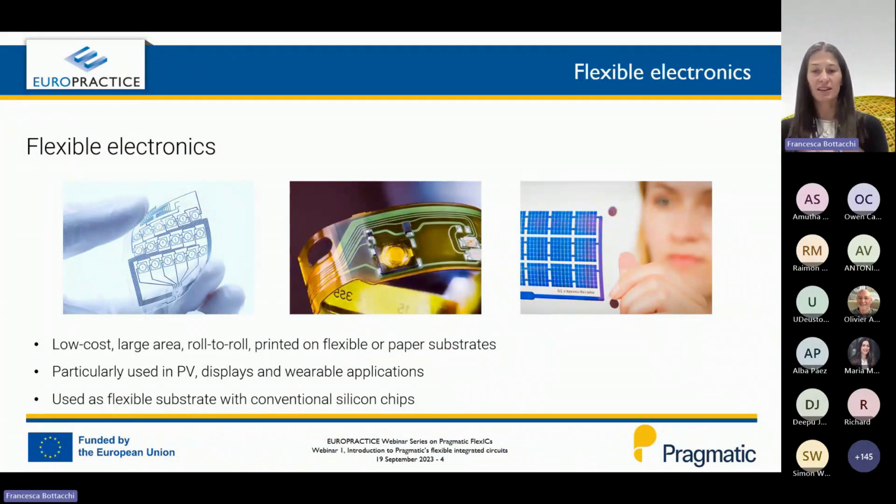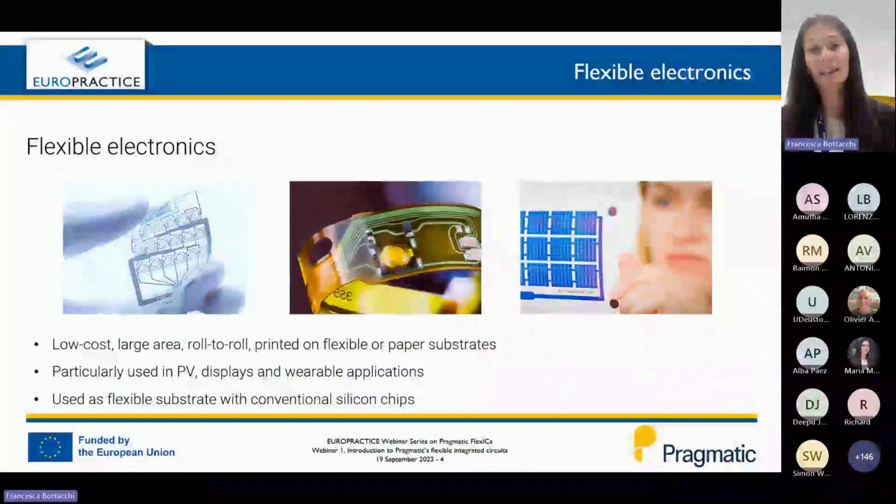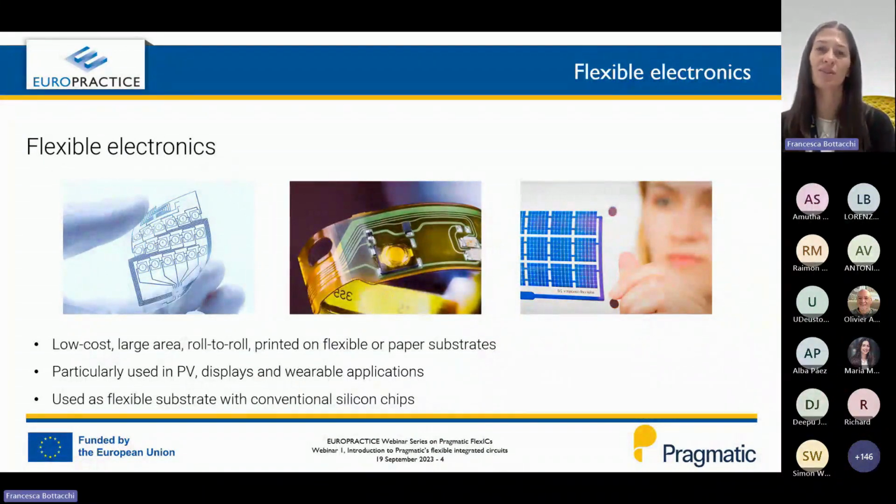But then the intelligence and the chip very often is still provided by a silicon chip, so it's still using a conventional and rigid component.